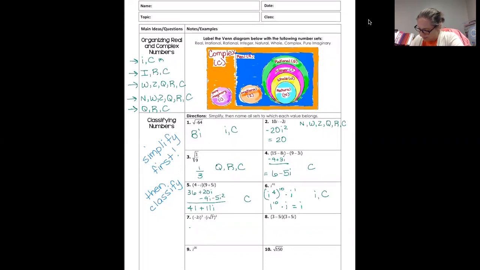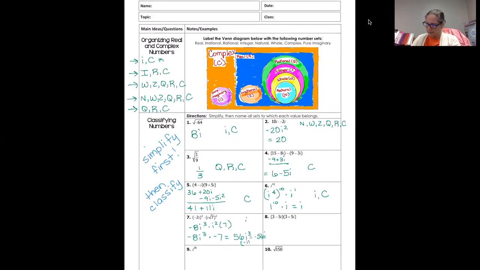Number 7, we have negative 8i cubed times i squared times 7, which is negative 8i cubed times negative 7, which is 56i cubed. i cubed is equal to negative i. So that's negative 56i.